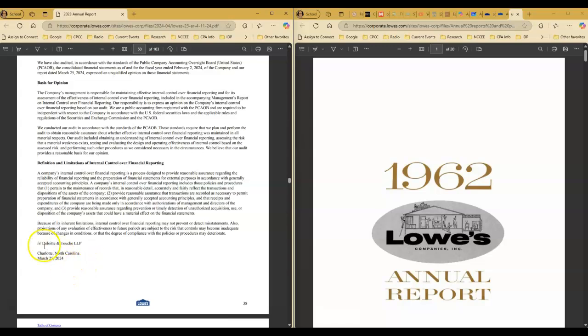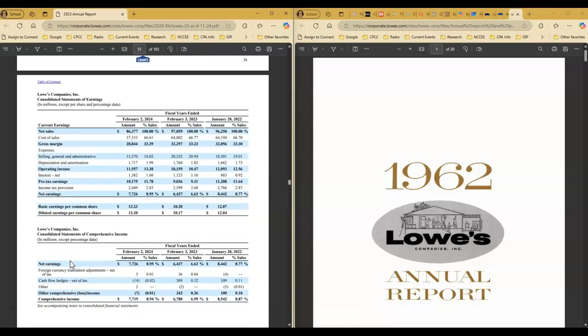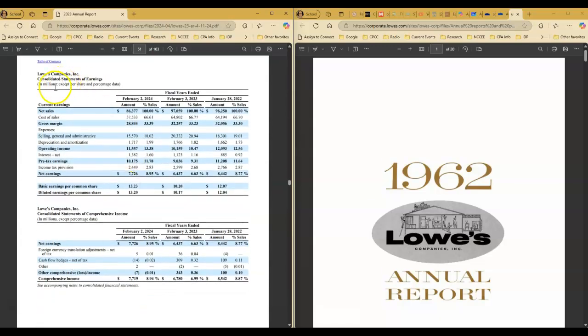A couple other things to note here is Deloitte Touche is their public accounting firm that did the audit. They are out of Charlotte, North Carolina. Okay? Then you've got the consolidated statement of earnings. You've got the consolidated statement of comprehensive income.